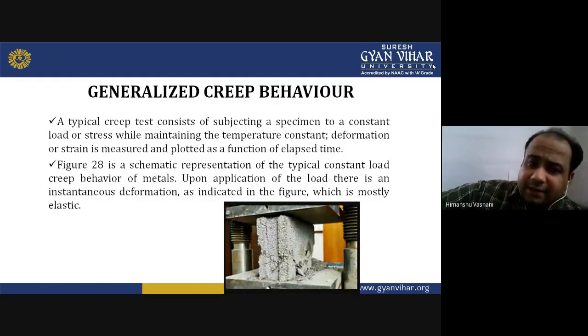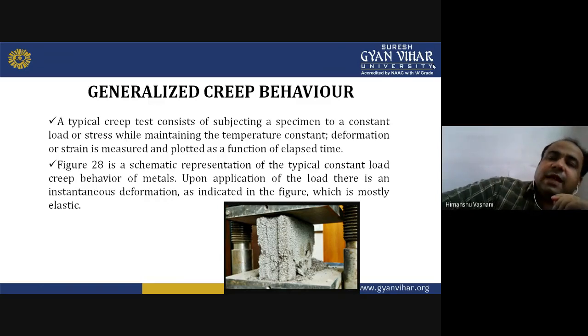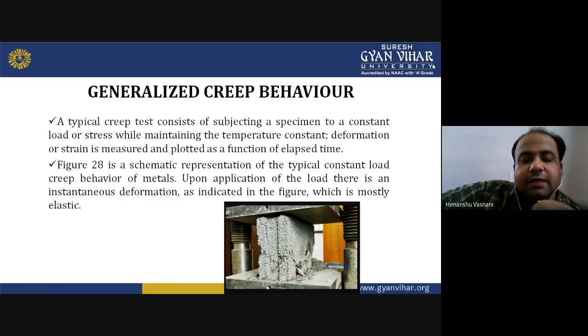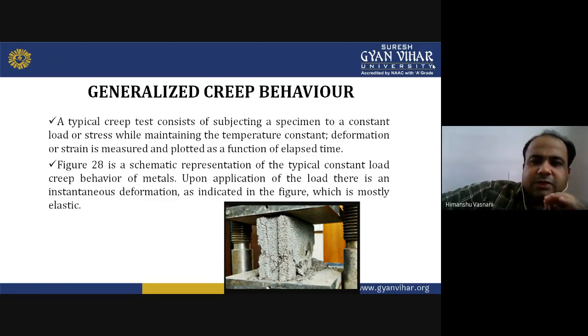A typical creep test consists of subjecting a specimen to a constant load or stress while maintaining the temperature constant. Deformation or strain is measured and plotted as a function of elapsed time. What happens is that the specimen is subjected to a constant load or stress while the temperature is kept constant, and at that time some deformation takes place with time.